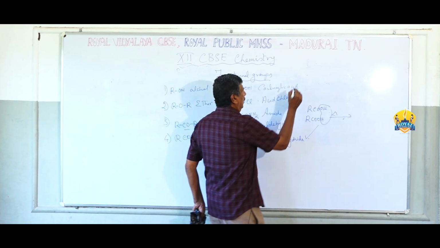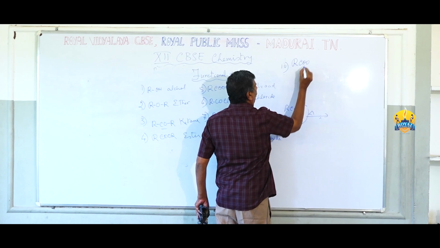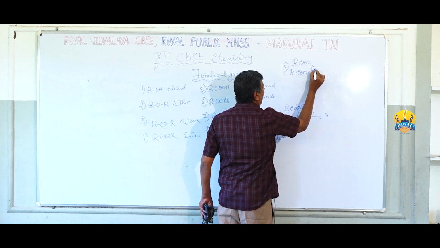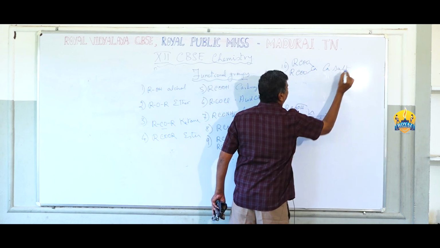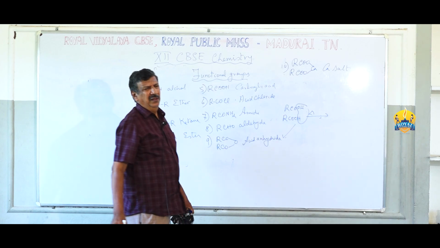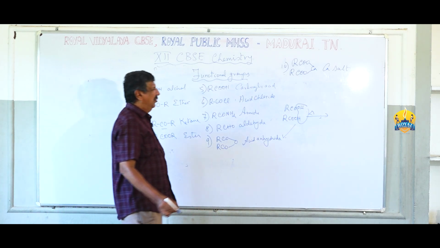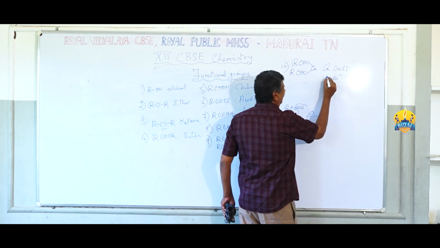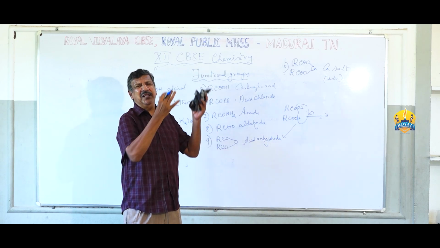Okay. Next one, 10th one, RCOO with a Ca. It is called calcium salt. It is also a part of ester. Name will be allied with ester.